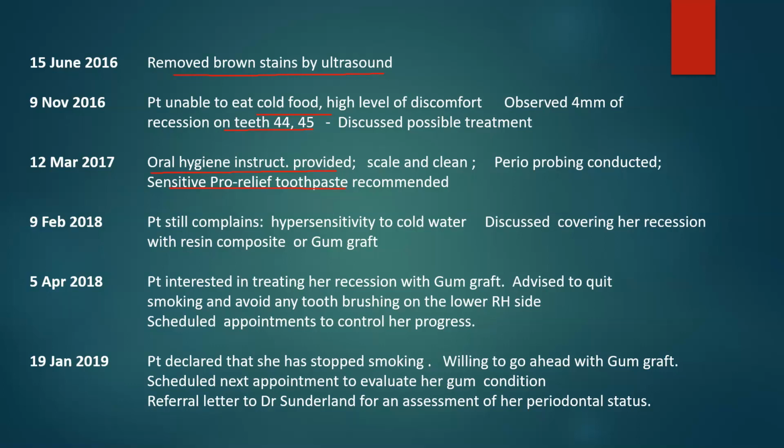Now, it was discussed with her to cover her recession, to solve the recession problem with resin composite or gum grafting. So February, March, a couple of months later, the patient came back and she was interested in getting her recession treated with a gum graft. So she was advised at that point, quit smoking and avoid over-toothbrushing, and schedule an appointment to have a look at her again.